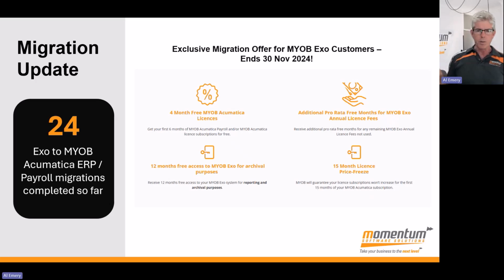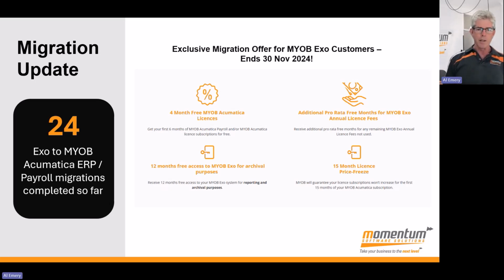And there are some terms around that, so you can get up to 4 months free for the first 4 months with your Acumatica licenses, which means that implementation period you're not paying for. You get ongoing access to EXO for your historical data for 12 months at no license cost, so your annual license fee would be waived or credited. And there's also a 15-month price freeze.